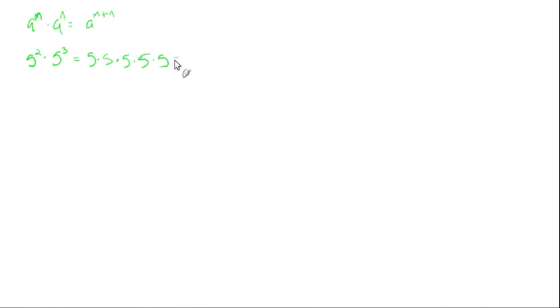And so altogether, that's 2 5s, and then we have added to that another 3 5s. And if you multiply 5 by itself 5 times, that's 5 to the fifth. That'd be the same as taking 2 plus 3, that's just 5. So you can see you've got m of these a's here and n of them here, and you're just multiplying this long string together of all these a's. There's m of them and n of them, so together there's m plus n of them.